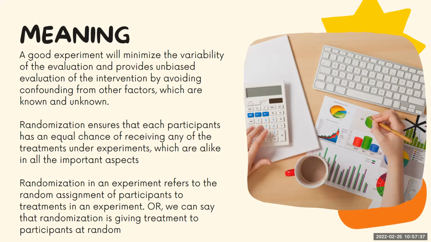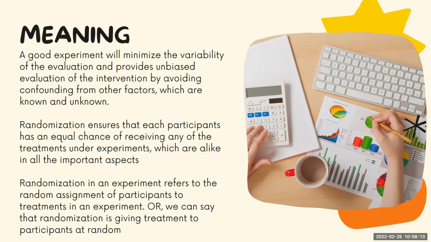As everybody knows, a good experiment will minimize the variability of the evaluation and provide unbiased evaluation of the intervention by avoiding confounding from other factors, which are known or unknown. So randomization will ensure that its participants have an equal chance of receiving any of the treatments under experiment, which are alike in all the important aspects.